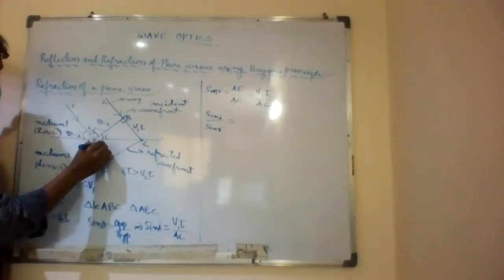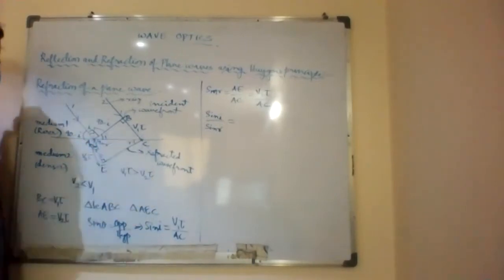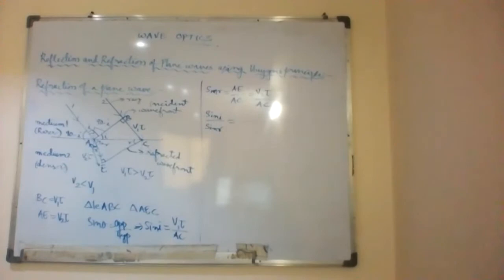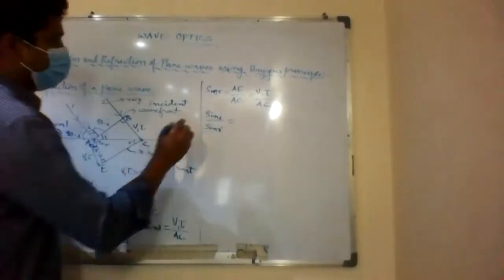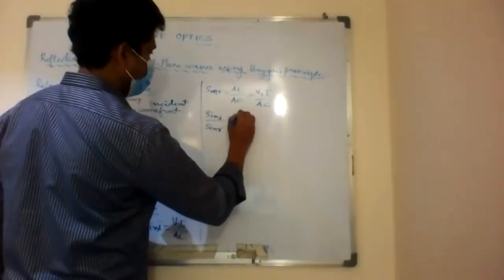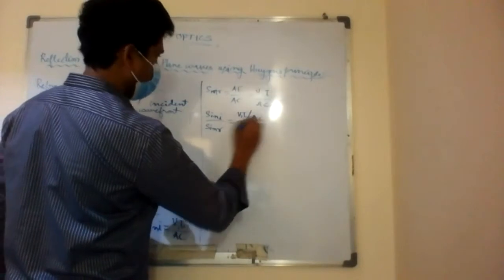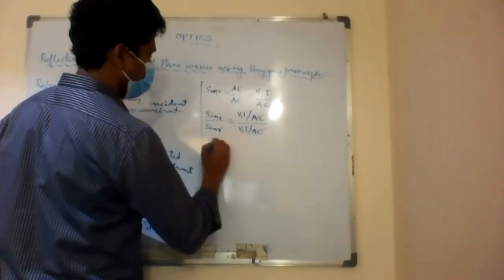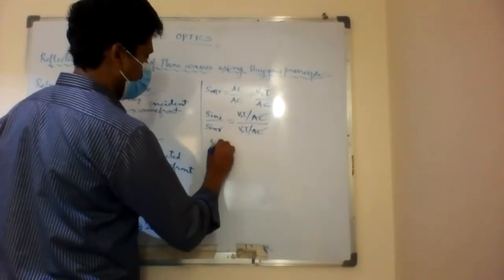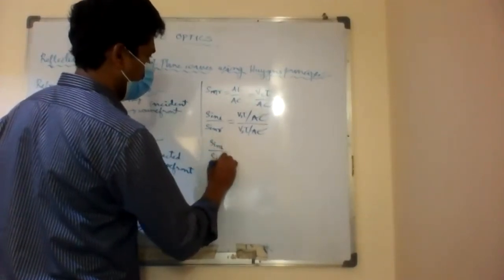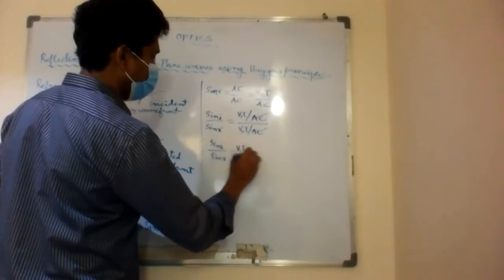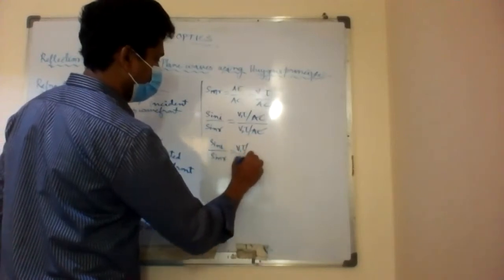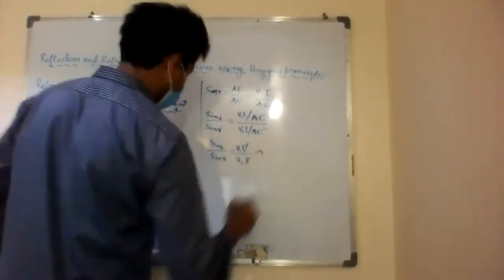It is 90 minus R. Understood now? So sin R is equal to V2 tau divided by AC, and sin I is V1 tau divided by AC. AC and AC get cancelled. Sin I by sin R is equal to V1 tau by V2 tau. Tau will get cancelled.